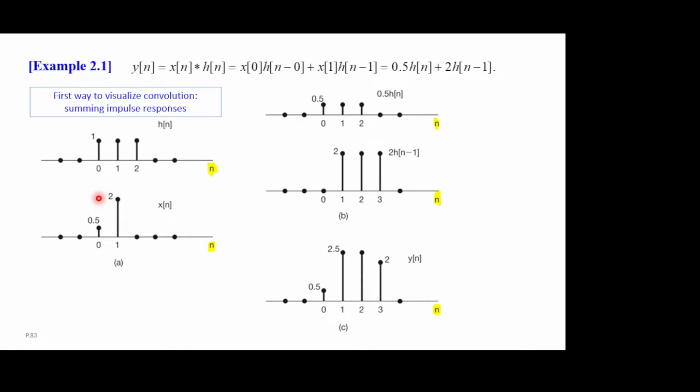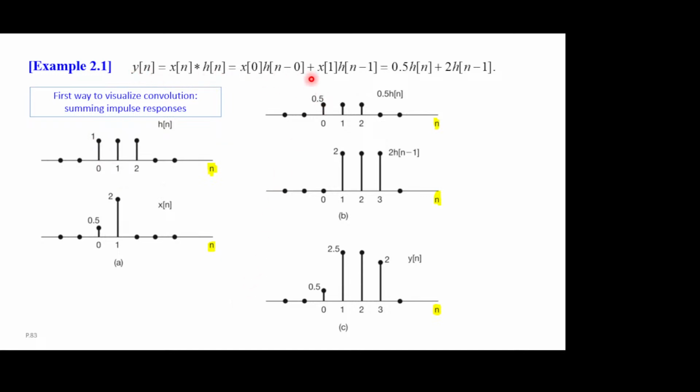Okay, if there is no question, let's see examples. So first example gives you some visualization of what's happening. This follows what we described before. We see this y of n as a sum over different impulse responses. Let's say your h of n looks like this. It's kind of like a block, with response 1 on time steps 0, 1, 2.